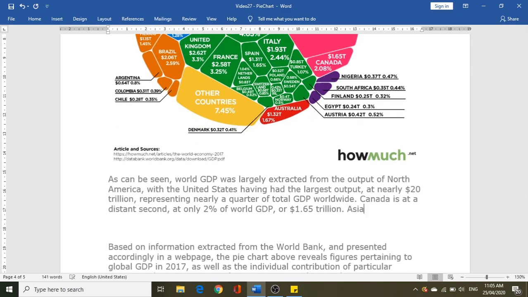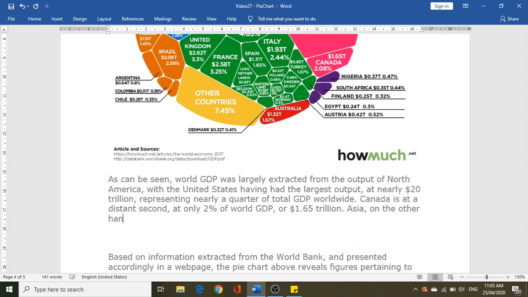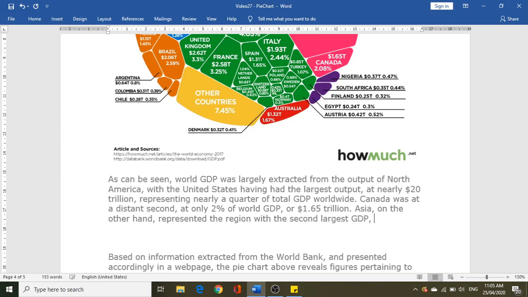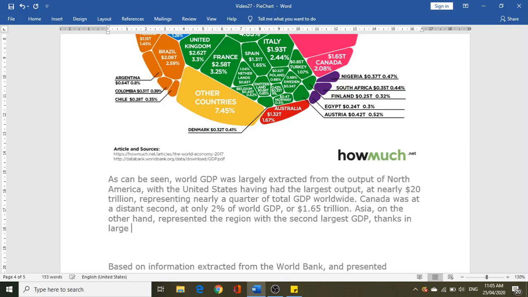Asia, on the other hand, represented. I'm sorry, I'm forgetting the tenses. Canada was at the distant second. Asia, on the other hand, represented the region with the second largest GDP, thanks in large part to the output of China.